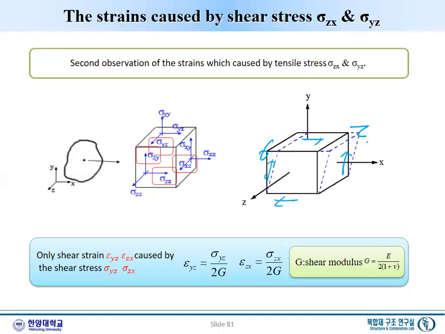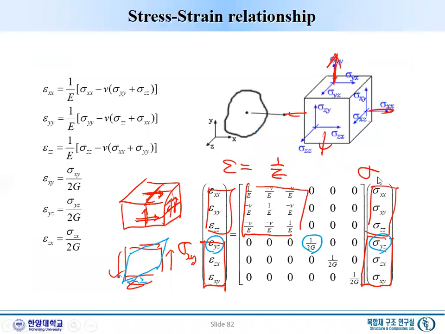But anyhow, we call gamma in sigma xy epsilon xy. In more precise, consistent mathematical terms, it is sigma xy rather than tau, epsilon xy rather than gamma. But anyhow, this does not cause any other deformation. Only those strain terms.